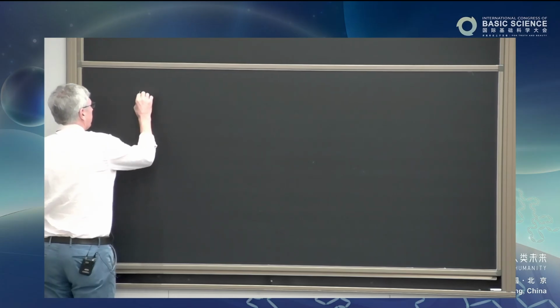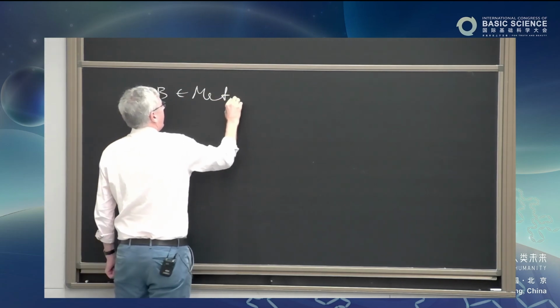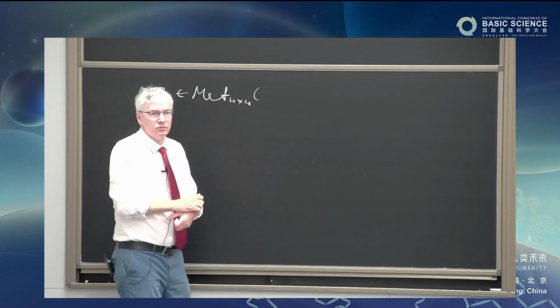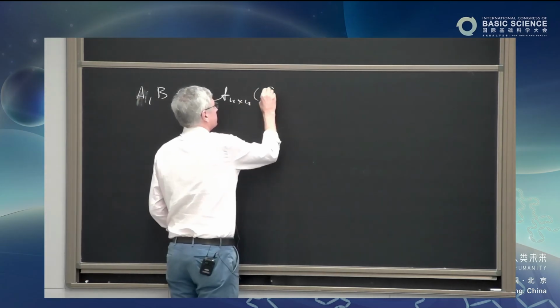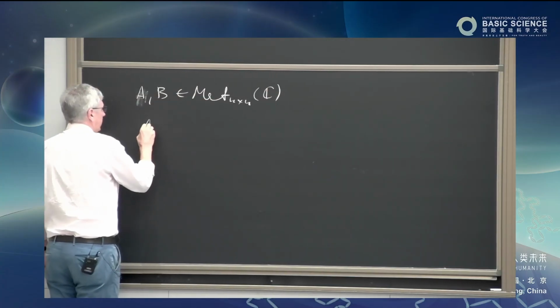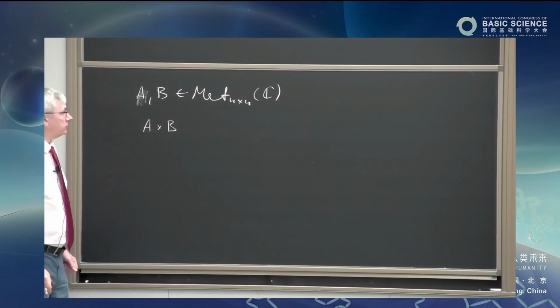So we want to multiply matrices. We take two matrices A and B, n by n matrices over, well, for simplicity, I will assume complex numbers. It doesn't matter. And then we want to multiply them, A times B. Everybody studied this in the first year of undergraduate, right?